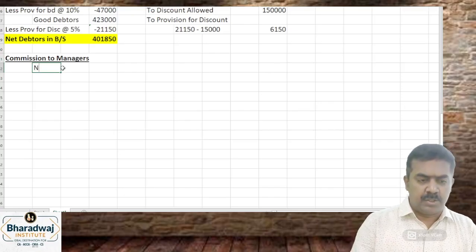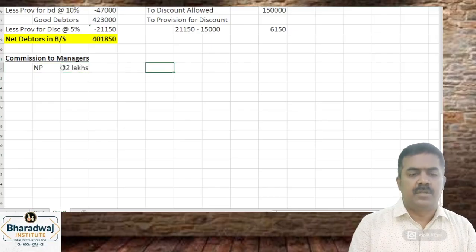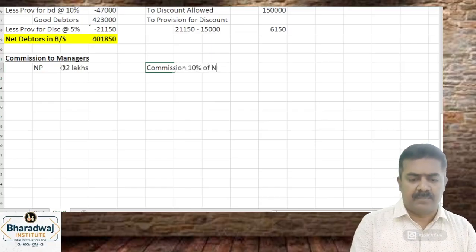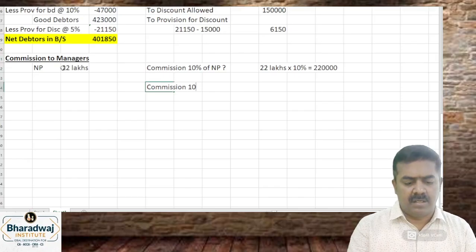Let's assume net profit comes to 22 lakhs. Commission, they have given 10% of net profit. What will be the commission? 22 lakhs into 10%. How much will it be? 2,20,000.